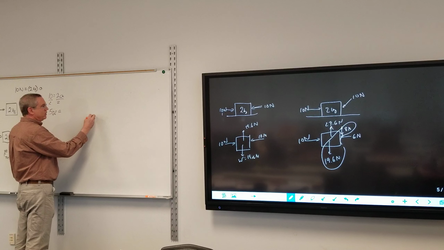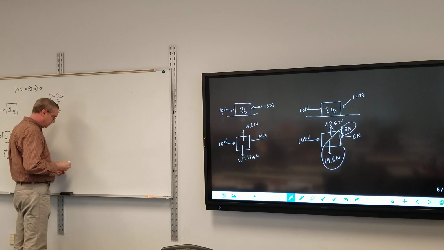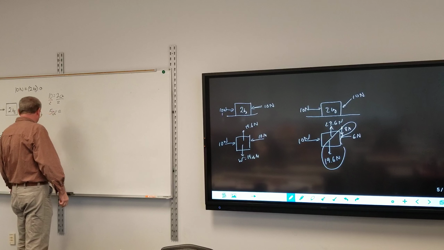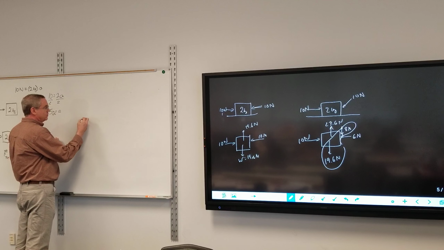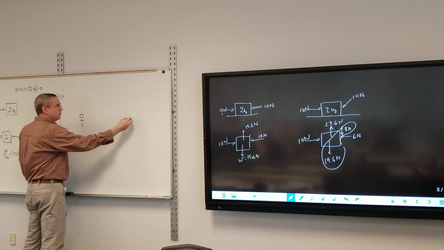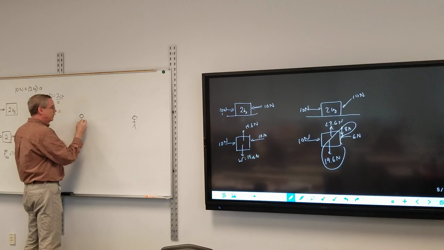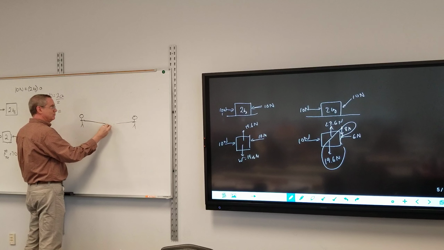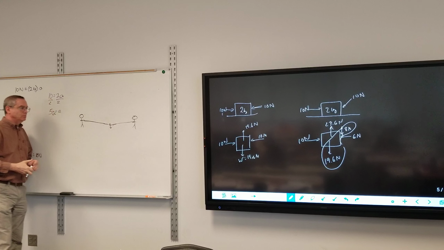If I look at that scenario, we had a person here, and then the rope was sagging, and then the person here, which I'll just represent as an arrow.